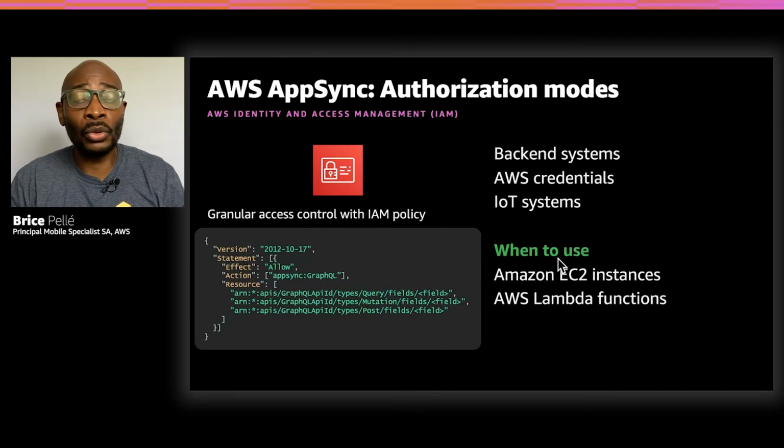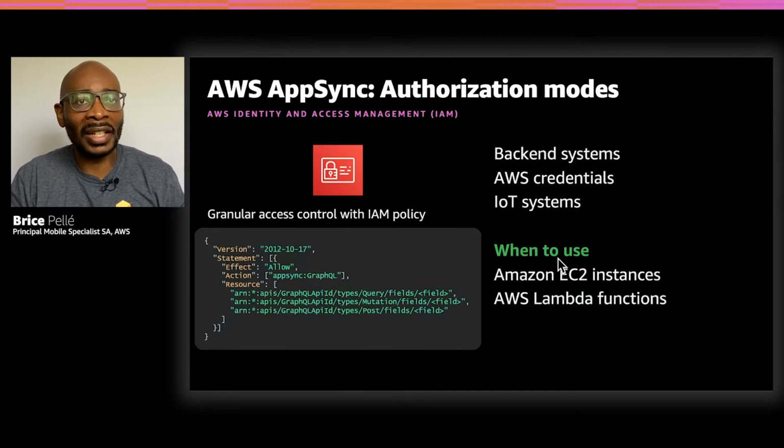This is a great mode to use if you have backends running on AWS that are going to access your AppSync API using AWS credentials, and even if you're using IoT systems that are using AWS credentials, you can then use your role that contains the policy to sign your request towards AWS AppSync, and AppSync will then validate the request and make sure that you're authorized to access the fields and the types that you want to access. And you can get pretty granular with the permissions here as well.